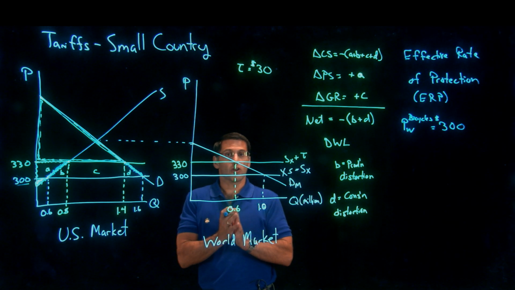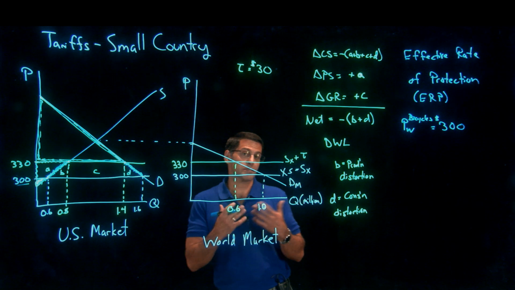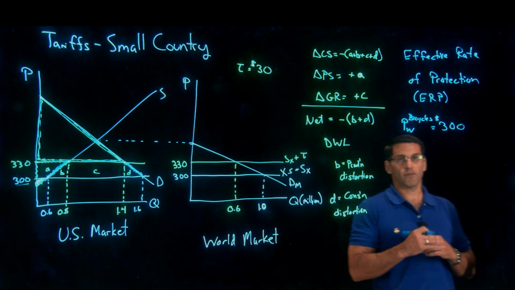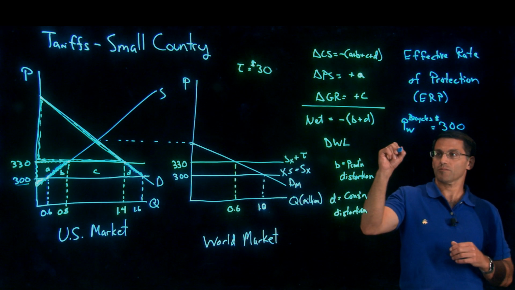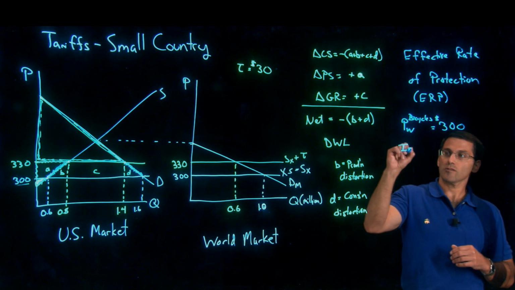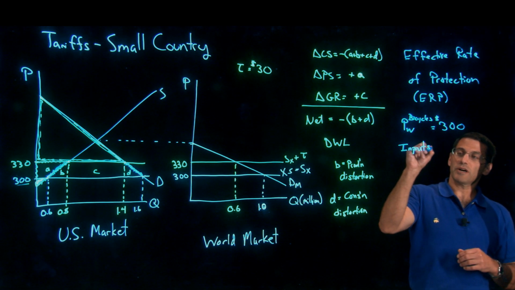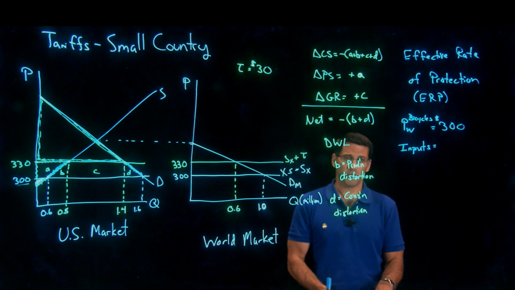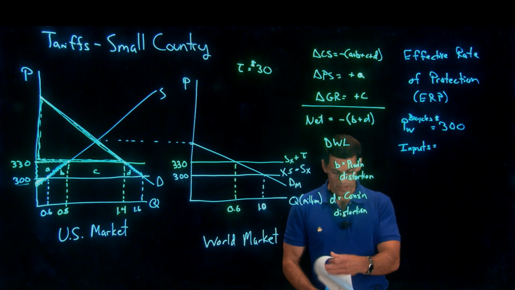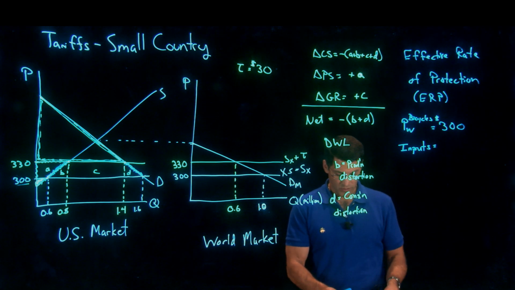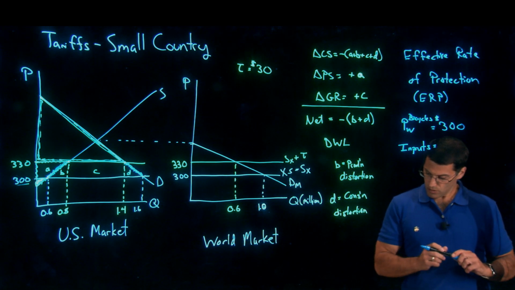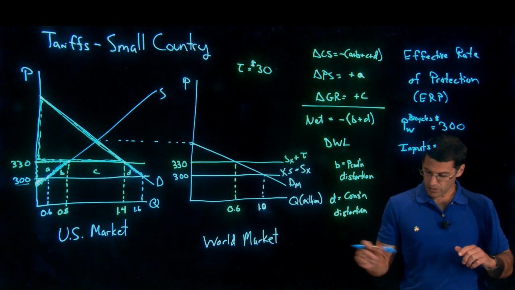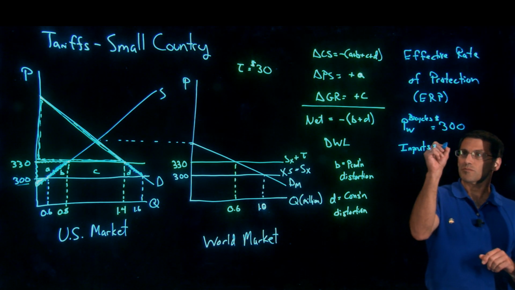But that doesn't represent all of the value added. Let's say, for the sake of argument, that the value of all the inputs that the bicycle producers are using, so you think about all of the materials, the paints, the metals, all of those components, is $220.